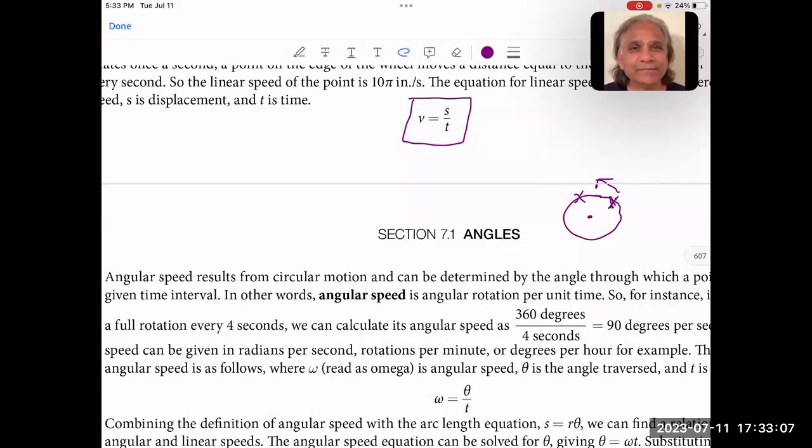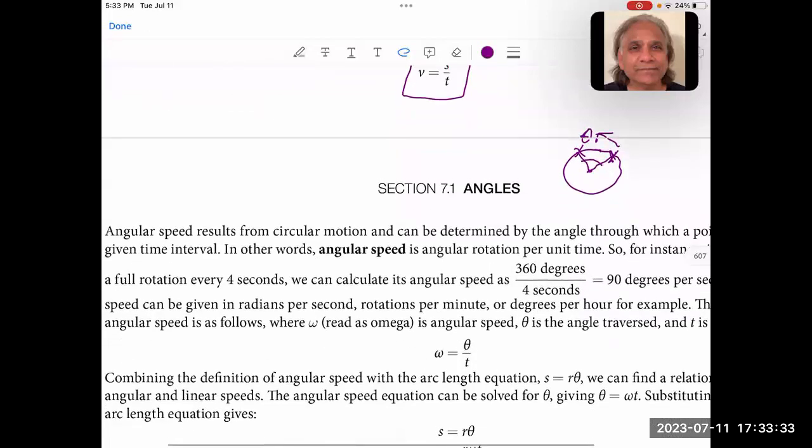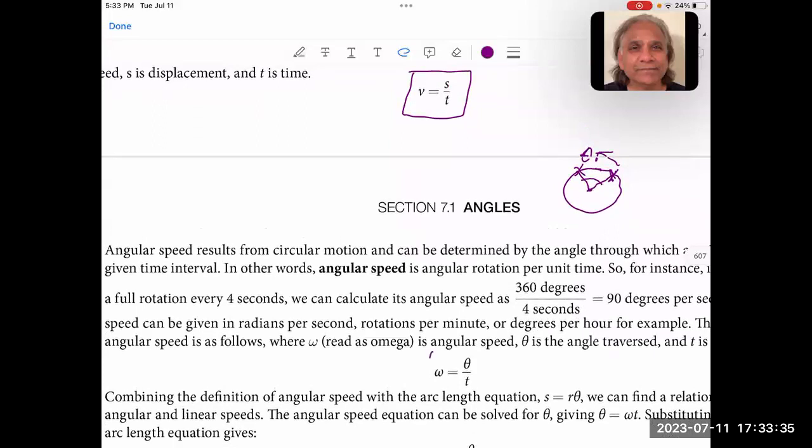So during that time, the radius has gone through a rotation equal to that angle. So if I call that angle theta, and if this bit of rotation has taken place in a time t, then we define angular velocity using this equation.